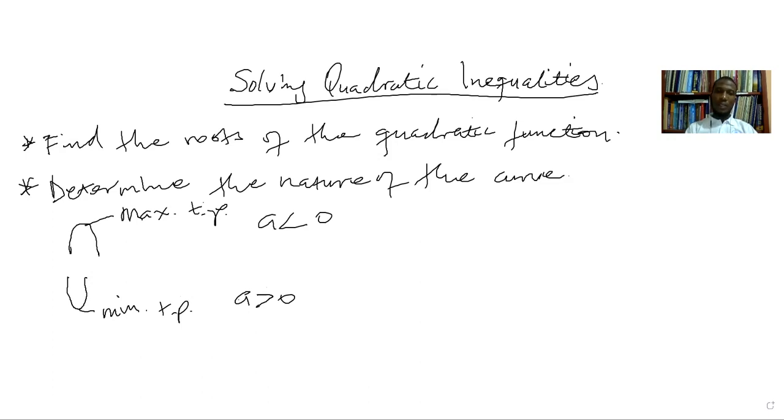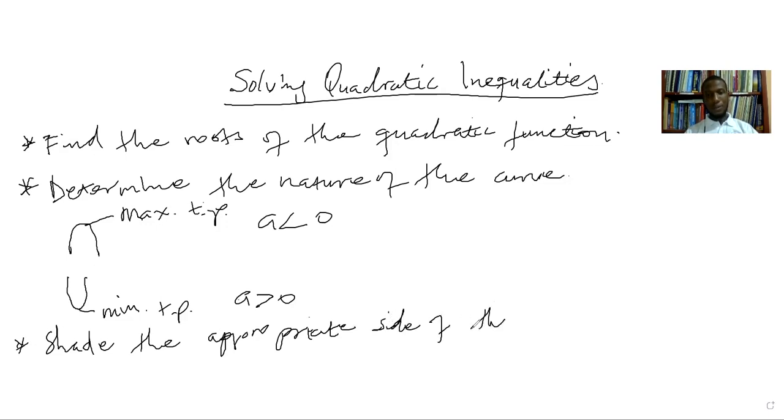Then the third point to note when sketching is for us to shade the appropriate region depending on the inequality sign given. Shade the appropriate side of the x-axis.